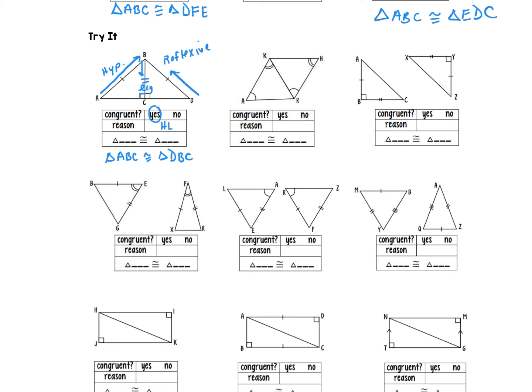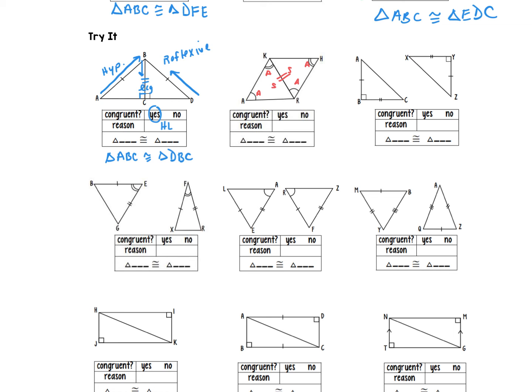All right, shared information or shared sides are common again in this next question. Mark that segment congruent to itself by the reflexive property, okay? And then check out your order. We've got angle, angle, side, congruent to angle, angle, side. All right, be really careful, okay?